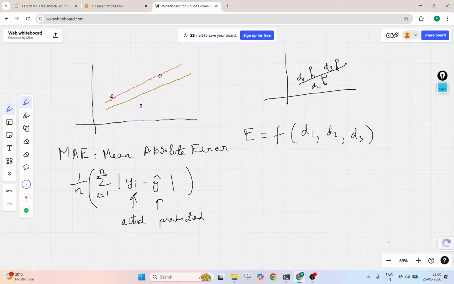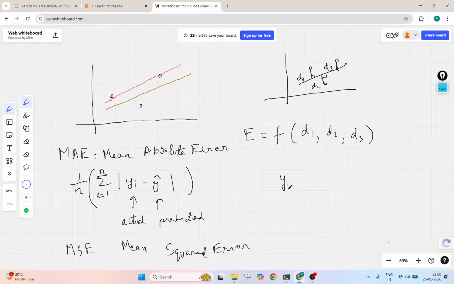Why did I even mention that the unit of error is the same as that of the target? Because next, what we had was MSE, or mean squared error. Now, the formula for mean squared error is very simple.